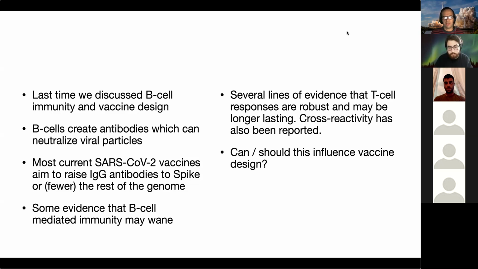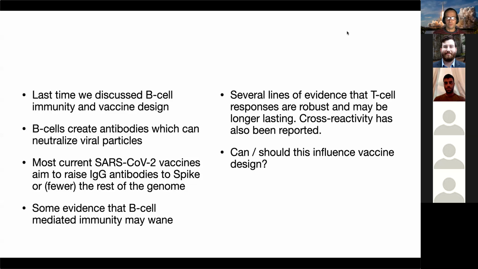So we talked about the different ways to design immunogens, the different ways to deliver them, different ways to evaluate their efficacy, and a little bit about the regulatory process. Most of the vaccines that you've likely received as a child or as an adult were designed to create antibodies, which can neutralize viral particles. So they're B cell centric.